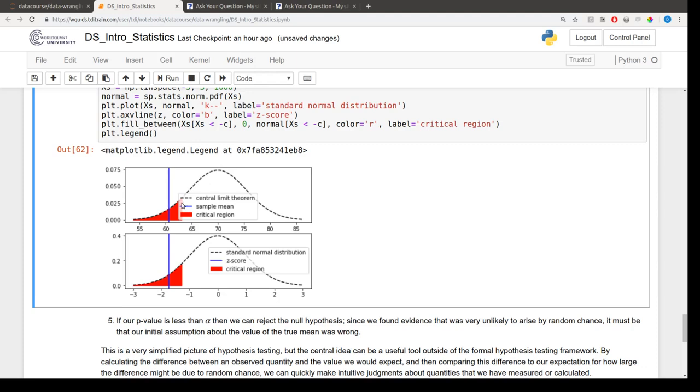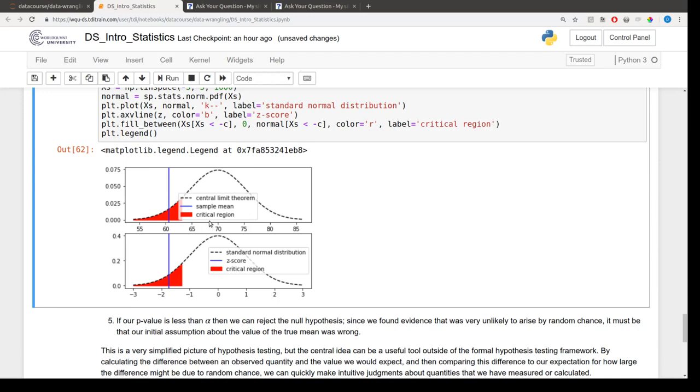So what do we see in these plots? This first one has an x-axis displaying salaries. Our null hypothesis was that the true average salary of people without advanced degrees was $70,000.